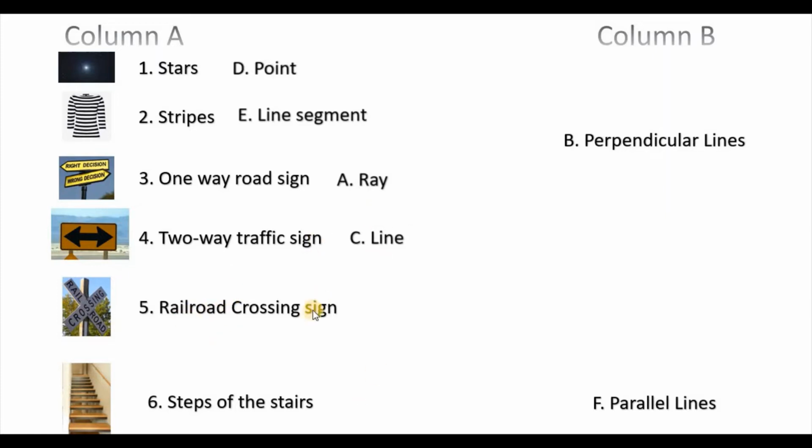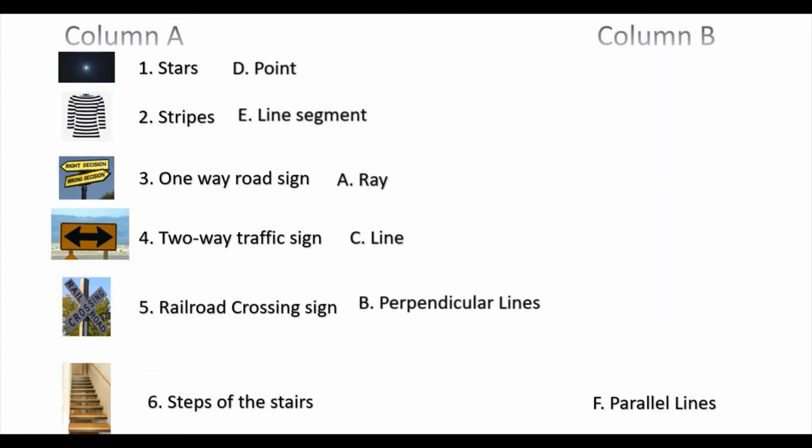And for number 5, railroad crossing sign. As we can see, the two lines are intersecting and it creates a right angle or a 90-degree measurement, meaning it represents perpendicular lines.